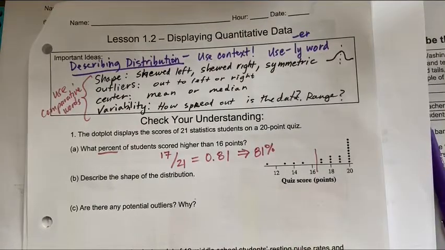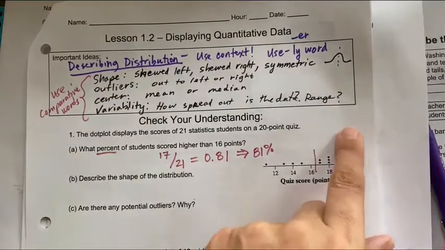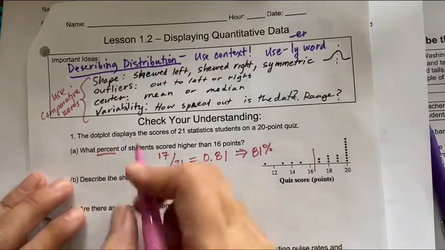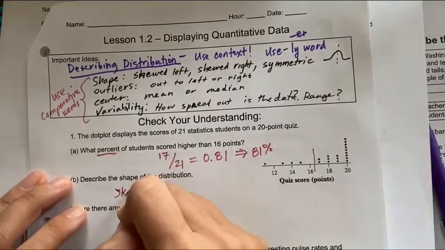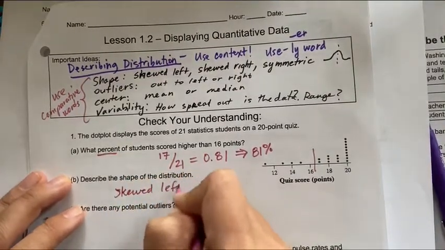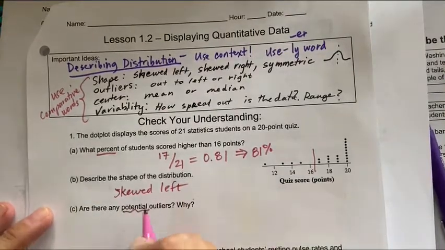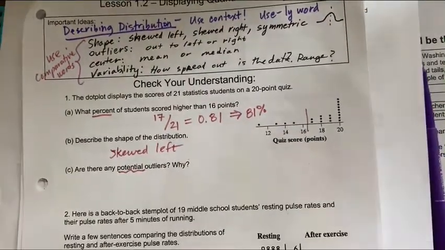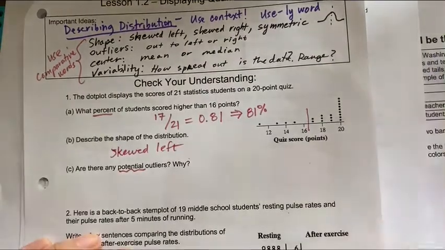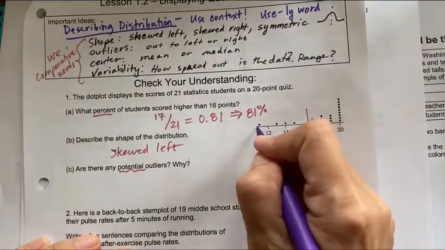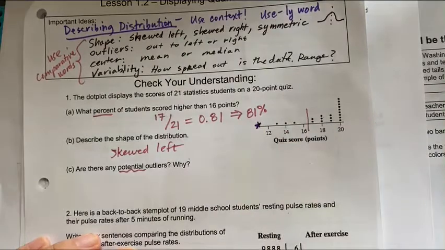Describe the shape of this distribution. So it looks like it's tapering down to the left. So we're going to call that skewed left. Now, it says, are there any potential outliers? So they're kind of being loose here. I don't have to commit. But since they were kind of loose, I might highlight this one here, right?